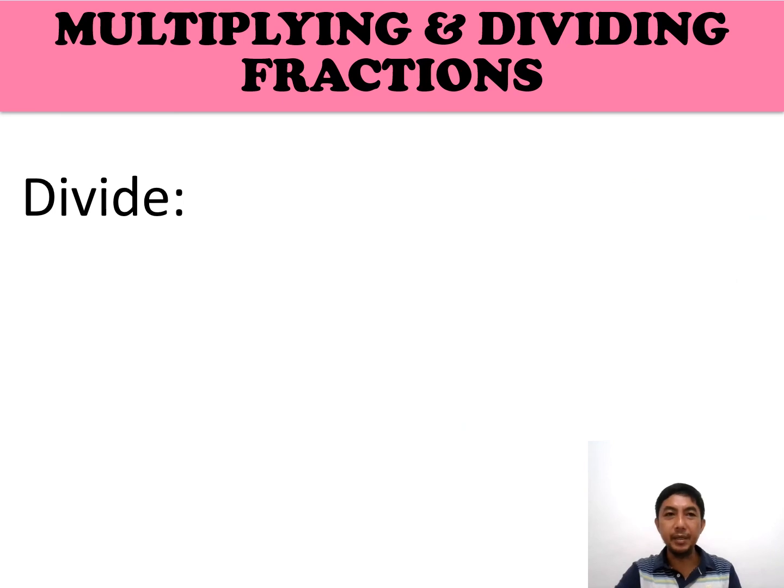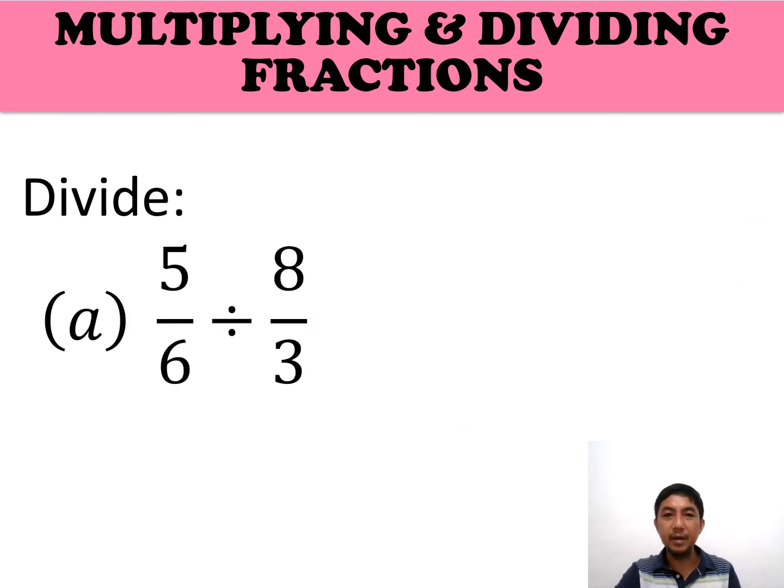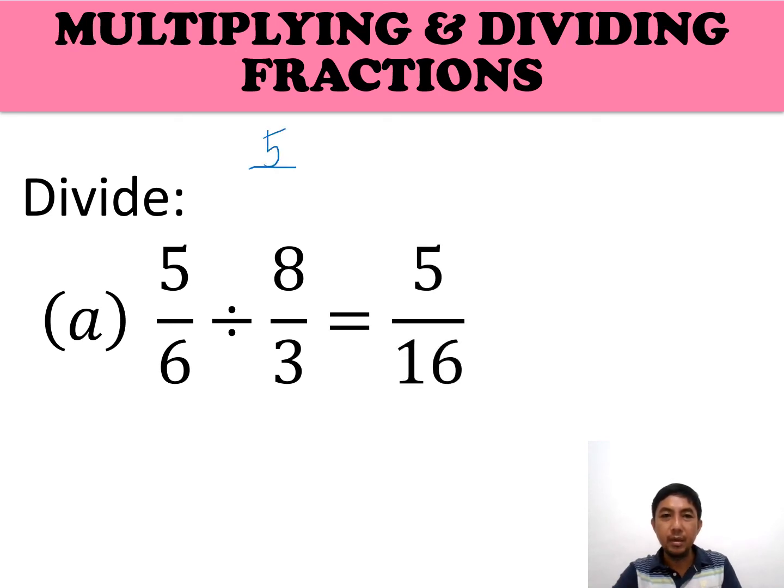Now, for division, example, suppose you want to divide 5 over 6 divided by 8 over 3. Okay, so in this case, we know that we are going to get the reciprocal of the divisor. The reciprocal of 8 over 3 is 3 over 8. But you are going to proceed to multiplication. So from division, you proceed to multiplication after you get the reciprocal of the divisor.